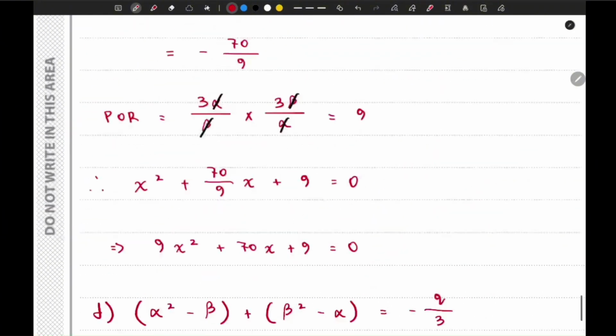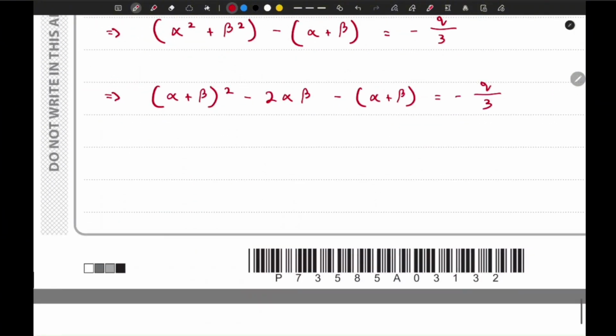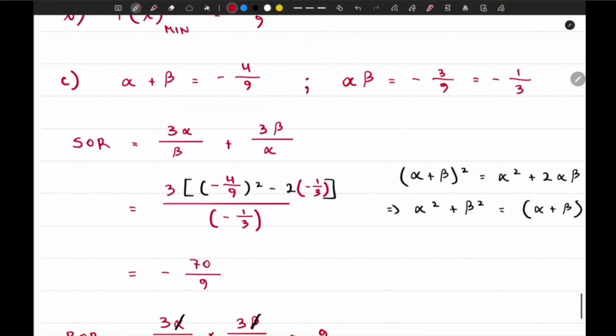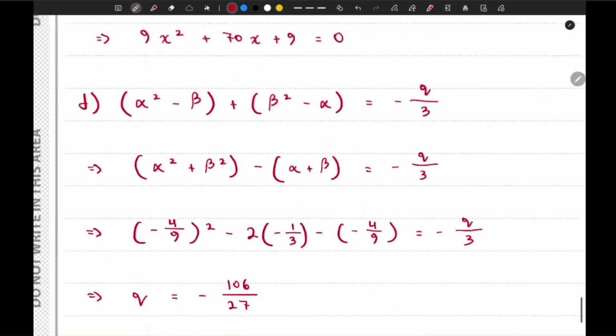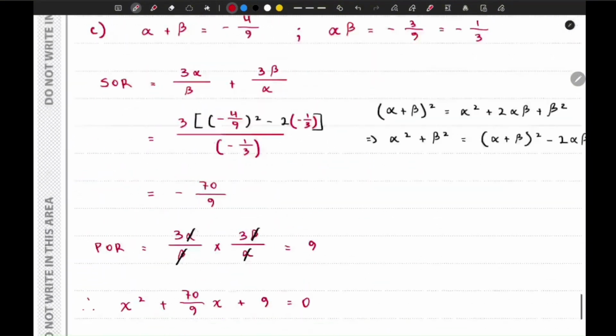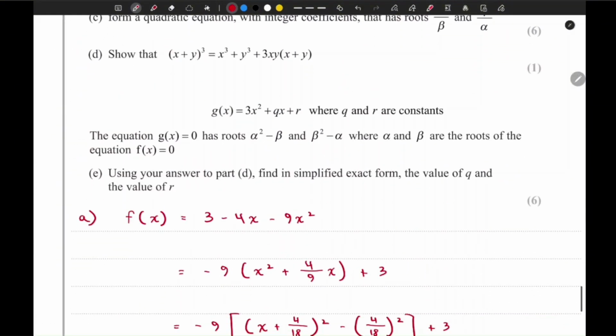Now the value of alpha plus beta is negative 4 over 9, and the value of alpha beta is negative 1 over 3. Now we just need to solve for q. So the value of q is negative 106 divided by 27. So this is the value of q, and we also need to find the value of r.